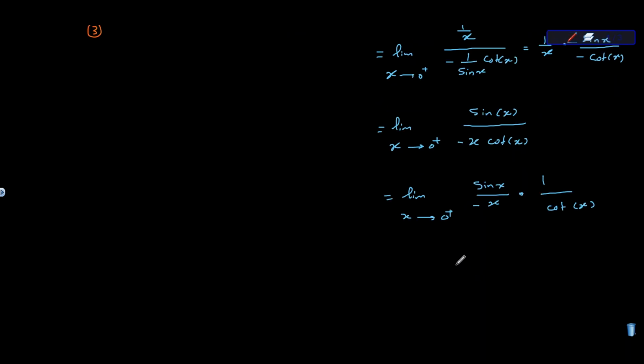To get it here, this is the limit as x approaches 0 from the right of sine x over x, times the limit of 1 over cot x, which is tan x, as x approaches 0 from the right.